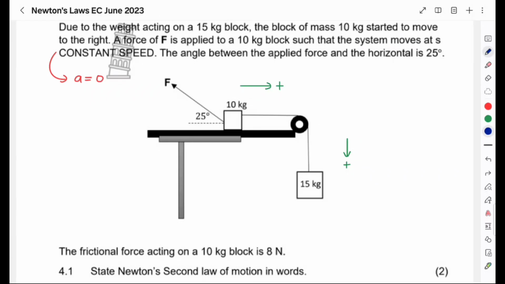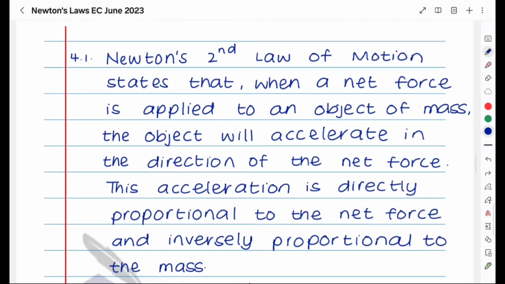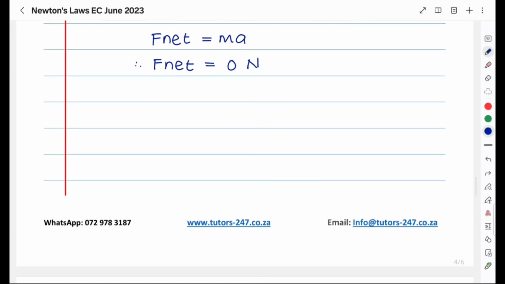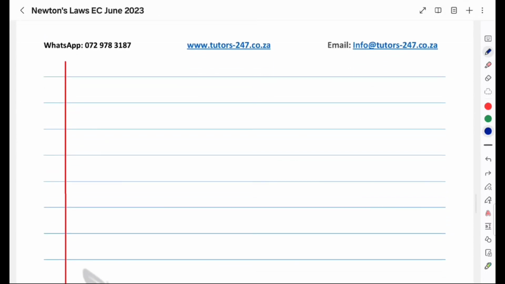So let us start by drawing a free body diagram of our 15 kg block and using that to calculate the tension. You do not need to draw a free body diagram. I just want to. I find it easier to do my calculations when I have a diagram.